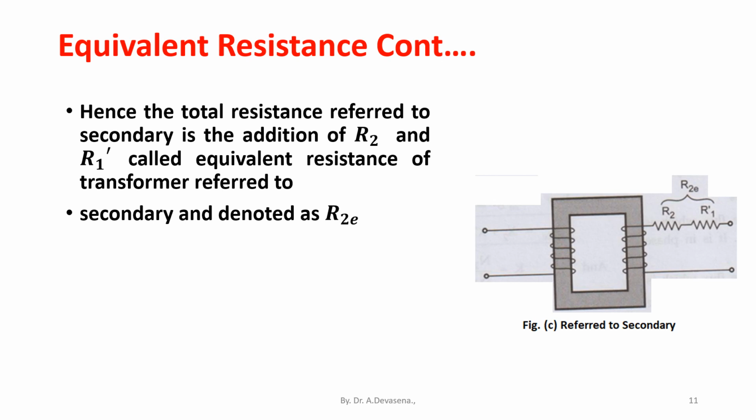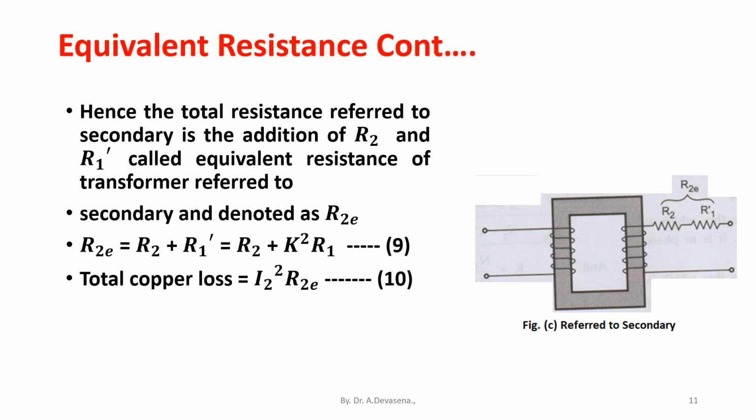Therefore, R2E is equal to R2 plus R1 dash. That is, R2E is equal to R2 plus K square R1. Consider this as equation 9. Therefore, total copper loss is equal to I2 square R2E. Consider this as equation 10.